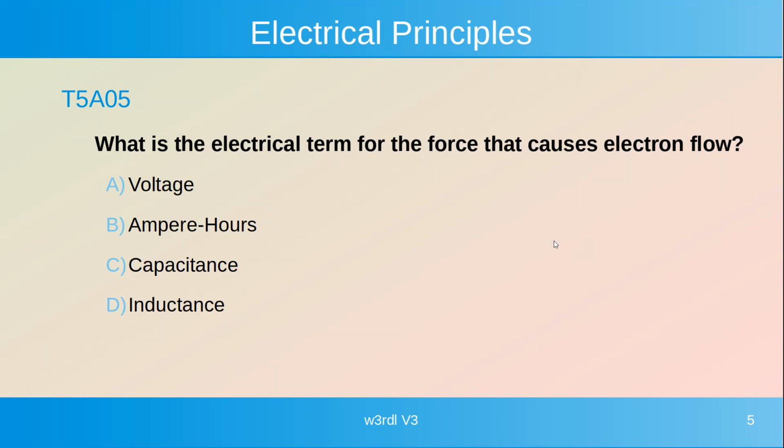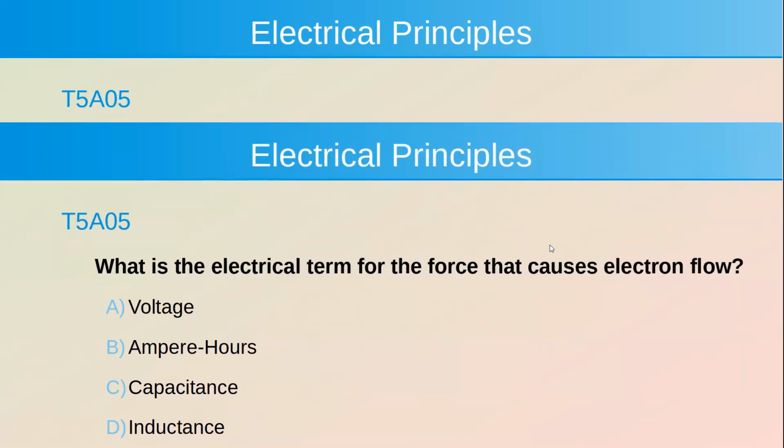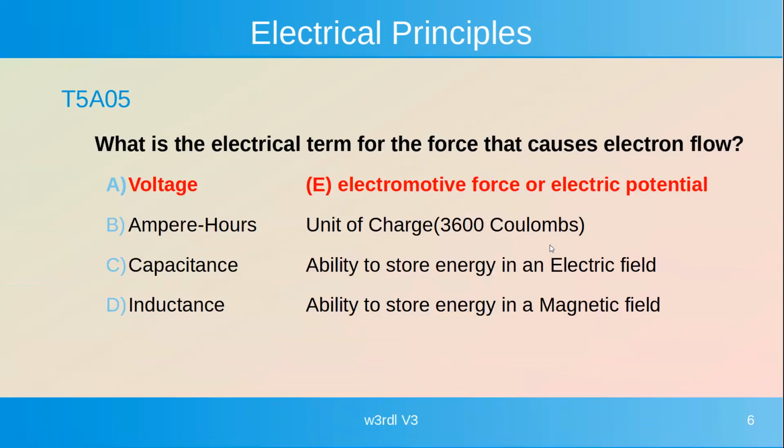Electromotive force, or voltage. Amp hours is a unit of charge, which represents 3,600 coulombs, because it's 1 ampere for an hour, and an ampere is 1 coulomb per second.